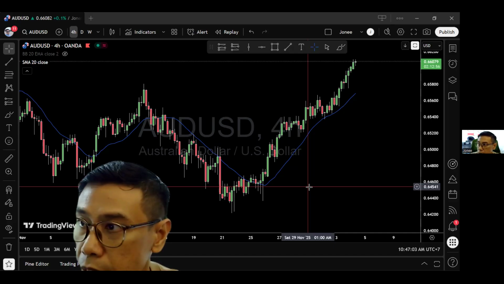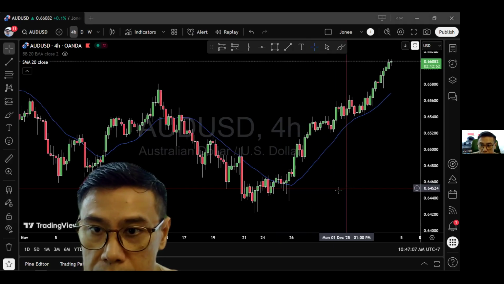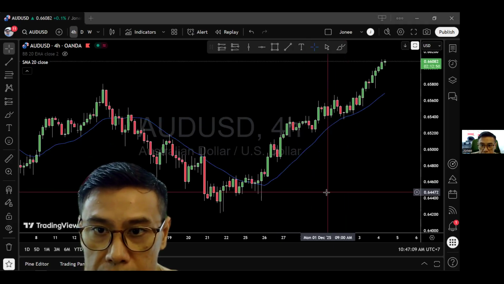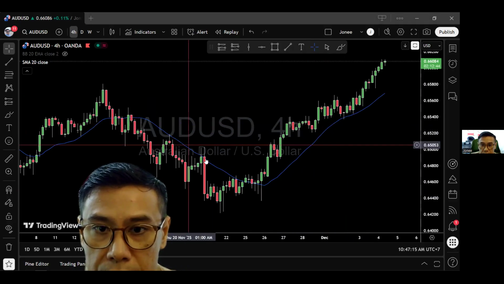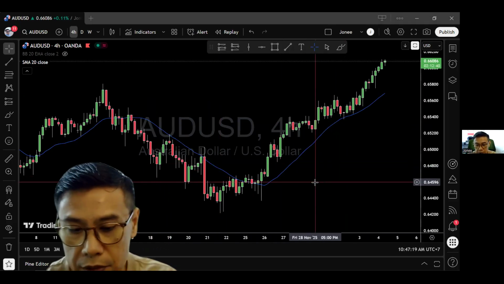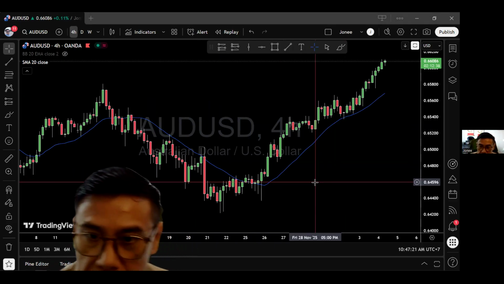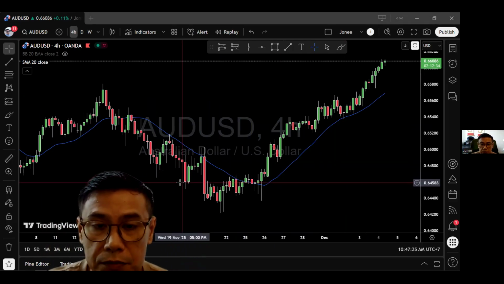Okay, so let's get right into it. In order to do this strategy, you want to set up your time frame to 4 hours. You can also make use of a 20 SMA, or simple moving average, basically used as a trend filter.